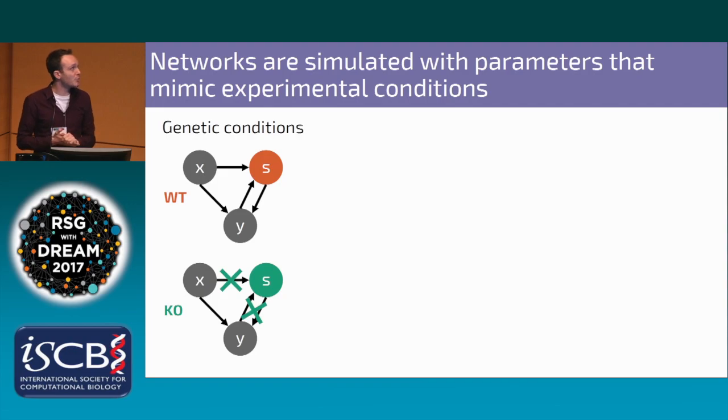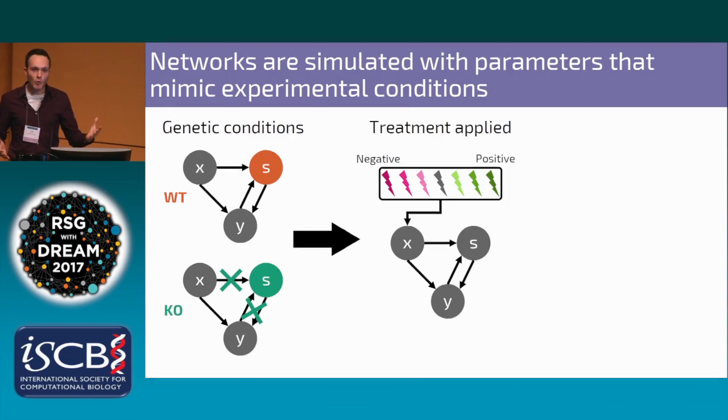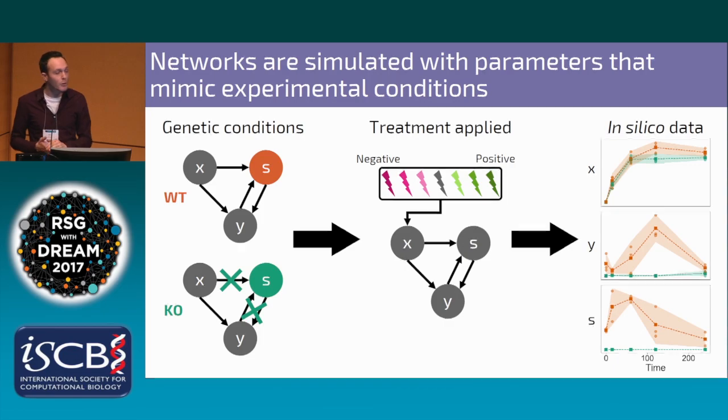So we have wild type, where the Sprouty node exists in our system, and we have the knockout, where its transcription rate is set to 0, and it therefore can't interact with X or Y. And because for any given gene, we don't know how FGF stimulation will affect its expression, we look at a range of different possible values for the perturbation applied to node X. So it can either be activating and increasing the expression or inhibiting and decreasing the expression of X. And so when we run these simulations forward, we generate in silico data with trajectories for all X, Y, and Sprouty, and these match to the experimental conditions that we measured.